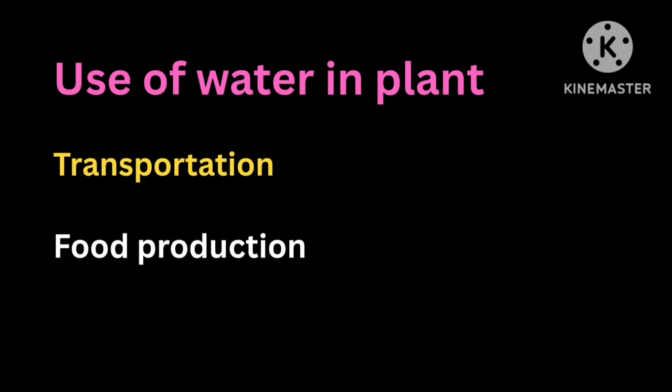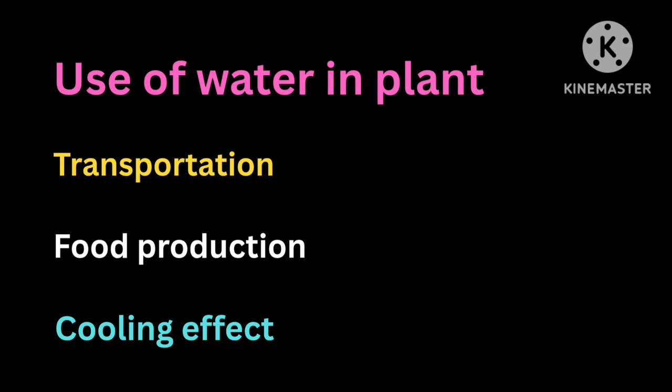It combines with carbon dioxide from the air in the presence of sunlight and chlorophyll and produces glucose. What is cooling effect? The water absorbed is transpired from the surface of the leaves in the form of water vapor, which induces cooling effect because it uses heat from the plant for evaporation.